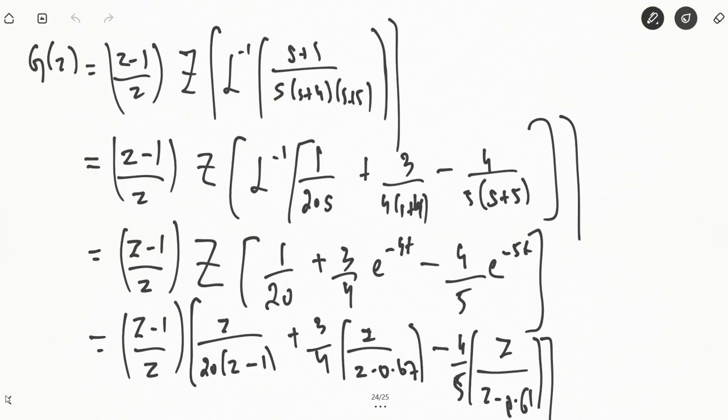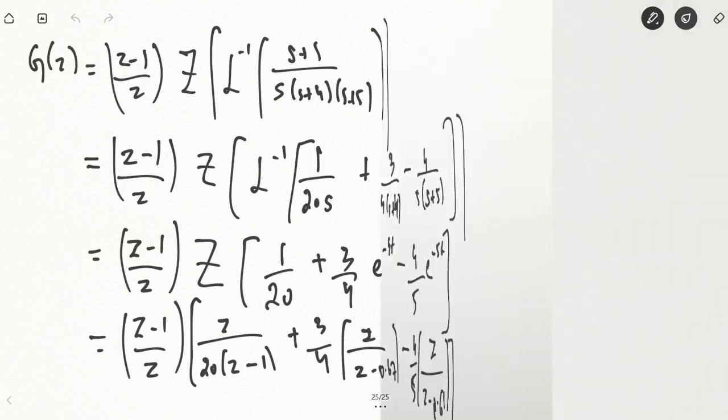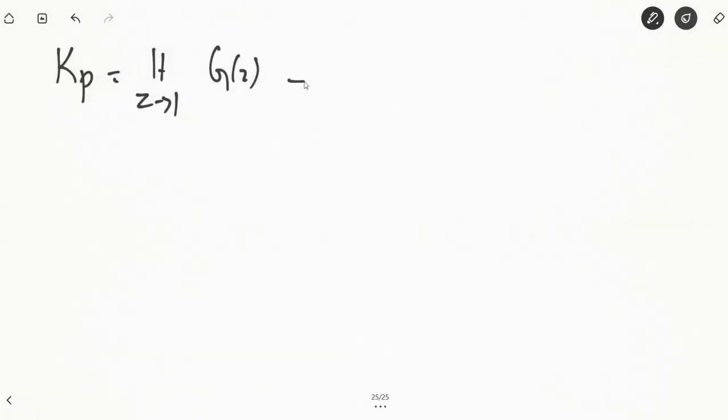When you multiply (z minus 1) by z with these three individual terms, in the first case z and z cancel out, z minus 1 cancels out, so 1 by 20 remains. In every other case you have (z minus 1) divided by (z minus 0.67), so in every other case the term tends to 0 as z goes to 1. Only for the first term z minus 1 cancels out, so 1 by 20 remains. So Kp is equal to 1 by 20.